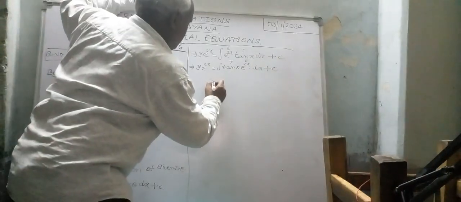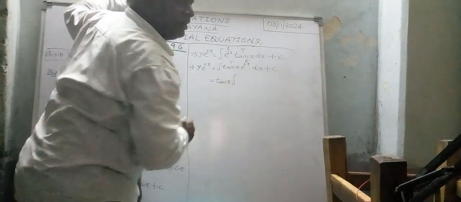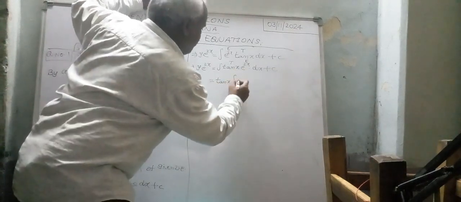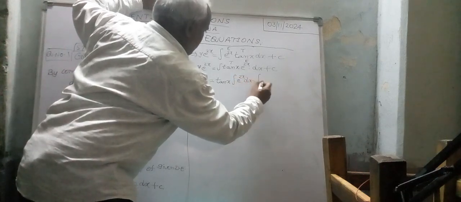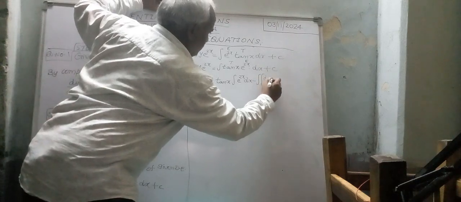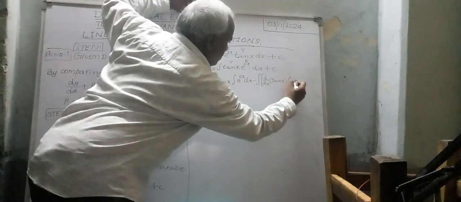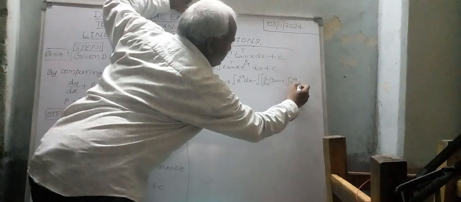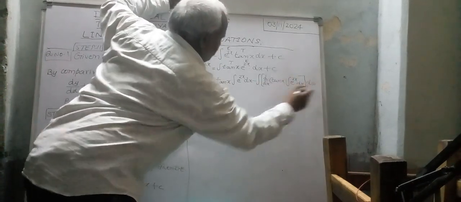First function, that is tan x, into integral g of x dx, minus integral d by dx of tan x, integral e power 2x dx, whole dx.